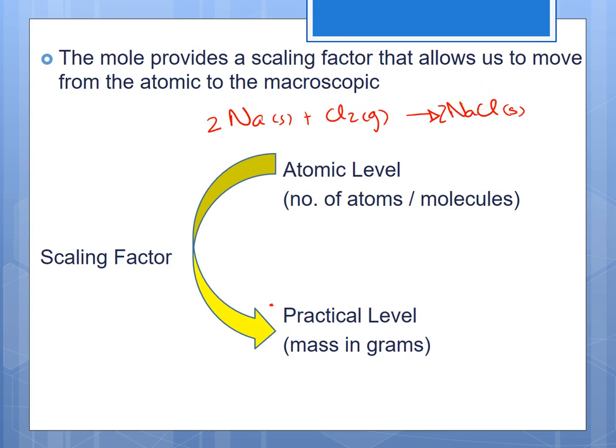But if I wanted to do this in a lab, I can't measure out 2 sodium or 1 chlorine. I need to be able to go from counting atoms or individual molecules to weighing out in grams, the kind of scale that we can actually physically handle in a lab. And the mole allows us to do that by providing a scaling factor that will relate the number of particles back to the mass of the substance.